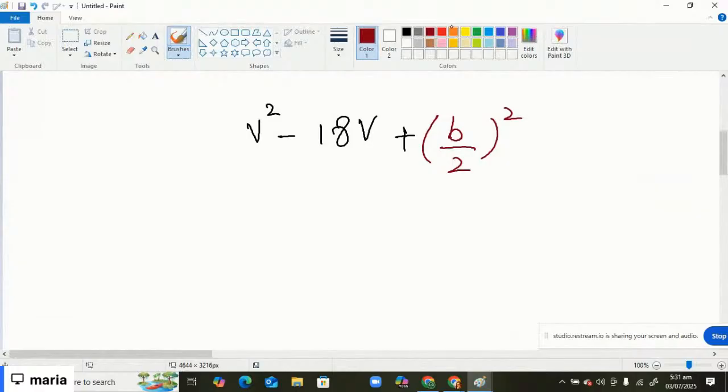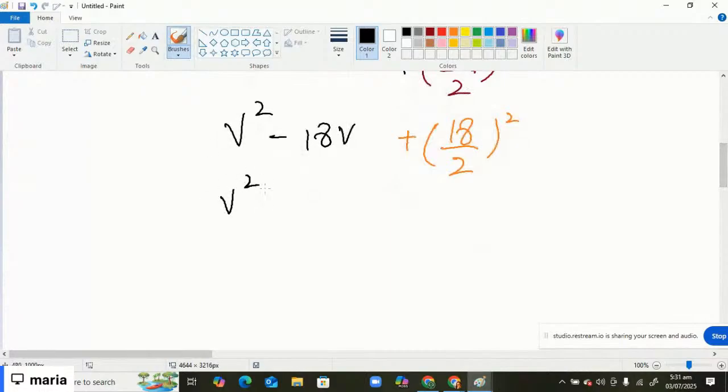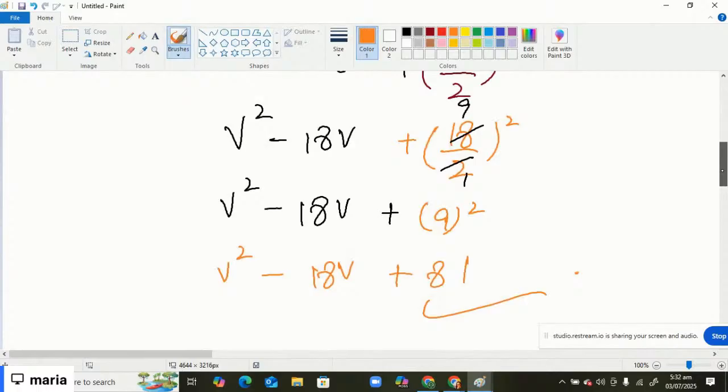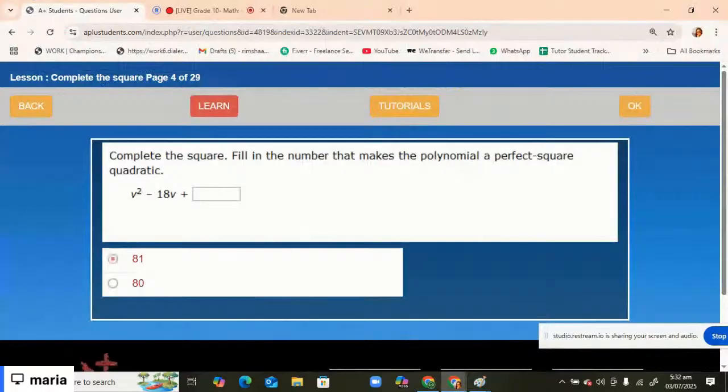So what is b? 18 by 2 whole square, and the remaining terms as they are. So v square minus 18v plus, 2 times 9 is 18, so it's 9 square. So v square minus 18v plus 81, and here the missing number is 81.